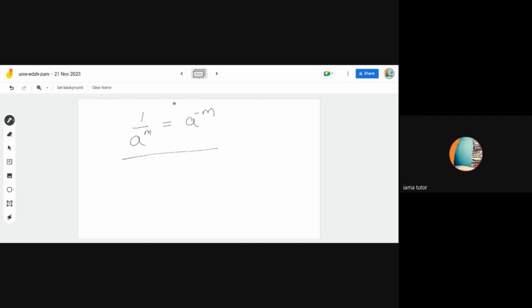If you have something in the denominator and you want to move it to the numerator, the power becomes negative. Basically the idea is that the sign flips. If it had been a power minus m, then it would be a power plus m. Or vice versa: if it had been a power minus m, you can write it as 1 over a power m.